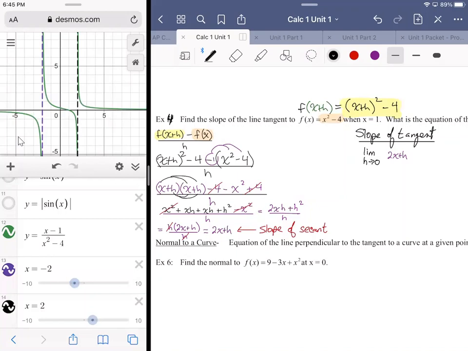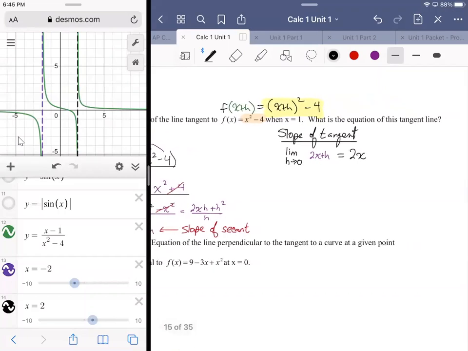What we're doing here is bringing those 2 points closer and closer together, or really the second one closer to the first one, and seeing what the slope would be if that distance ever got to 0. And what we will end up with is 2x. And so that's our slope of the tangent line for any x value. So what this represents is the slope of the tangent for all x.